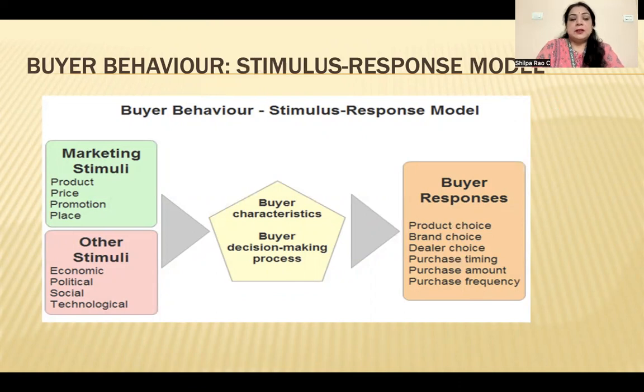Then we have other stimuli, maybe the economic, political, social and technological aspects, which might be impacting the buyer's decision-making process. And what are the buyer's responses? Buyer's responses would be product choice, brand choice, dealer's choice, purchasing timing, when he would like to buy a particular product, and purchase amount, that means how much he will be paying for that particular product and how frequently is he going to buy that product.